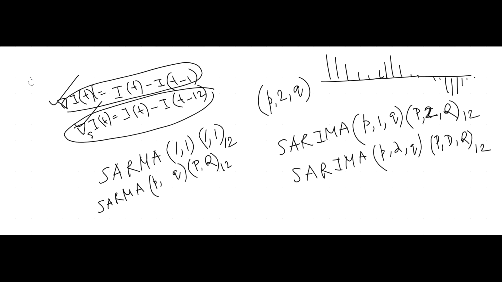Sir, what is seasonal, small d here? The small d is the usual differencing. Suppose you have to take only one usual differencing, but two seasonal differencing. Then it would be (p,1,q), (P,2,Q). This small d stands for how many times usual differencing you have taken, and the capital D stands for how many times the seasonal differencing has been taken.